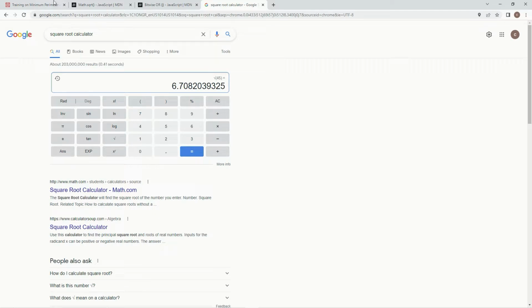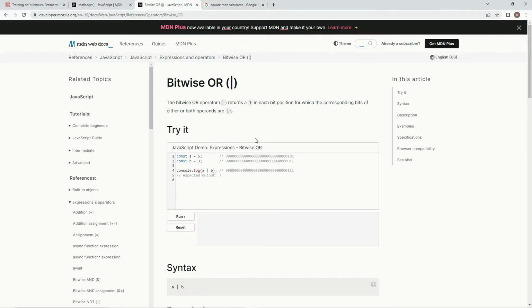To do that, we're going to use the bitwise OR operator, which returns a 1 in each bit position for which the corresponding bits of either or both operands are 1s. But that doesn't matter to us. What matters is the little trick that happens when you put 0 in the B place. Let's put in 5.9 whatever, and see what happens when we do bitwise OR 0.